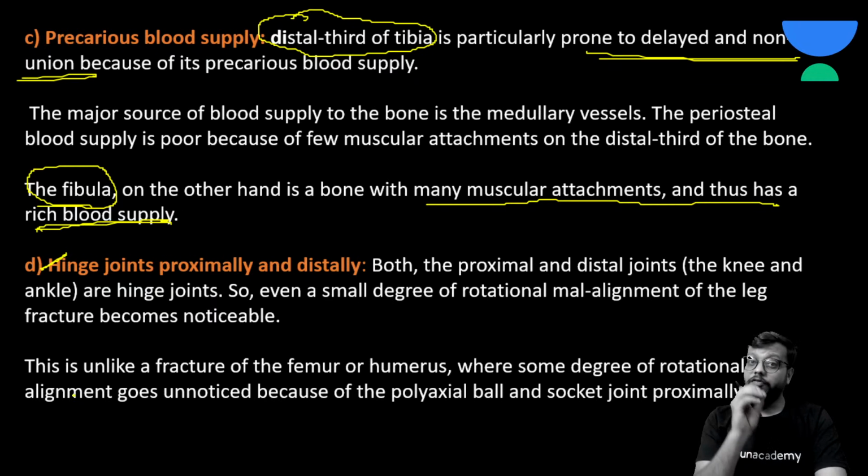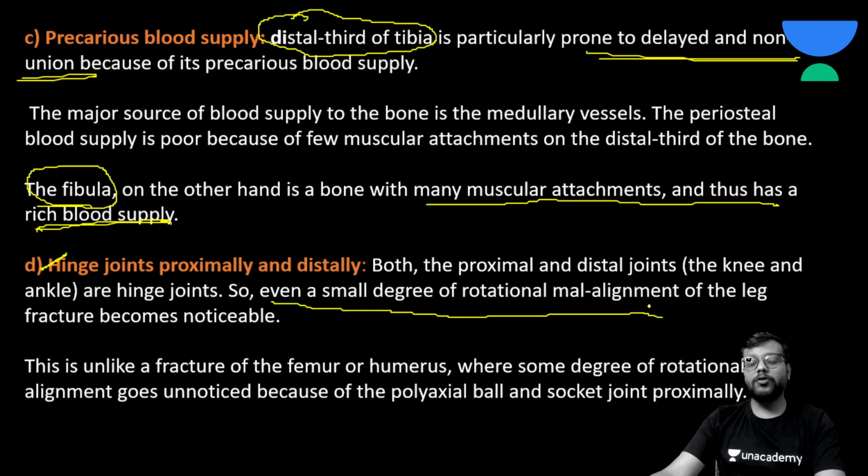So even if there is a small degree of misalignment or malalignment or angulation or malrotation, it will lead to a decrease in the range of motion of both these joints.